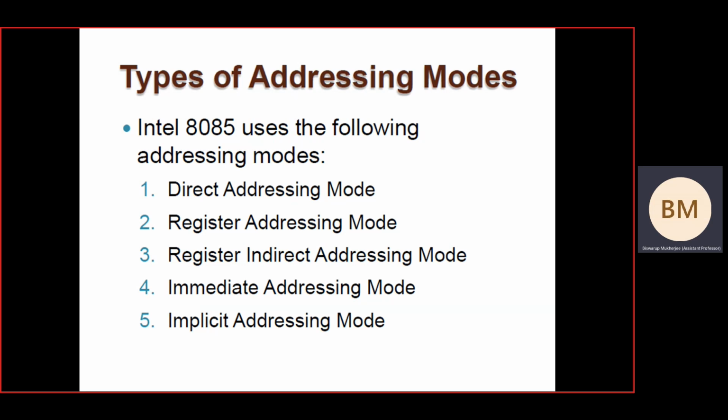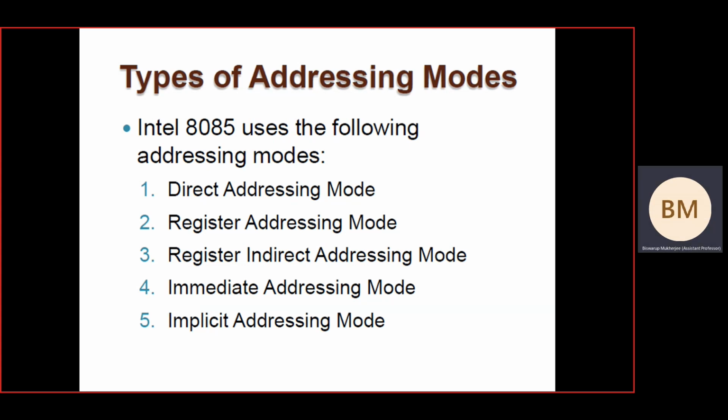Next is register indirect addressing mode. What does it mean? Something like MOV A comma M. As you know, there are general purpose registers which can be paired, likely the HL pair. Now the HL pair has a total of 16-bit information, and that information denotes one particular address.